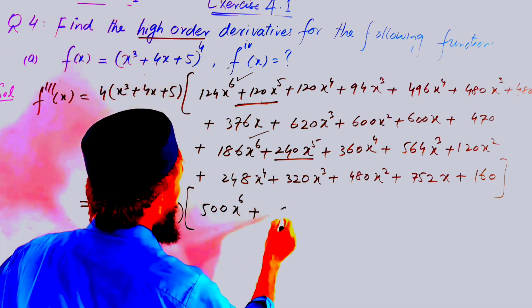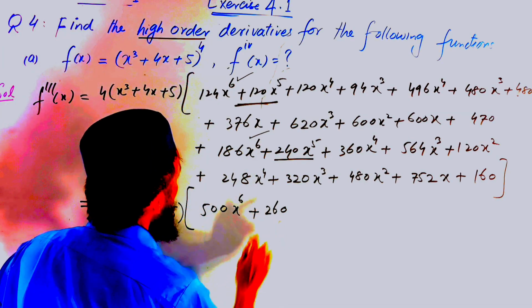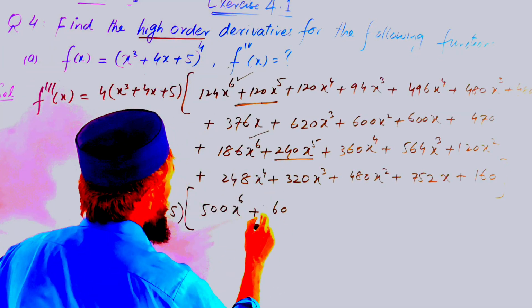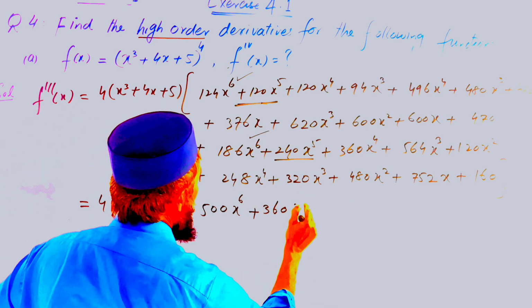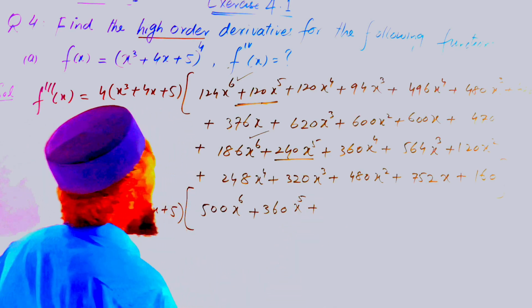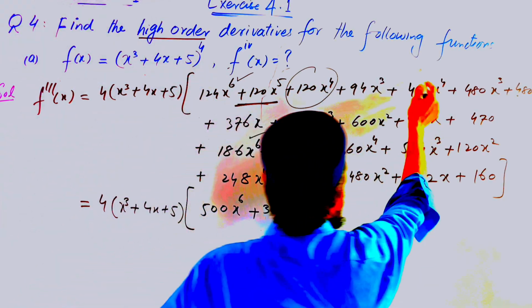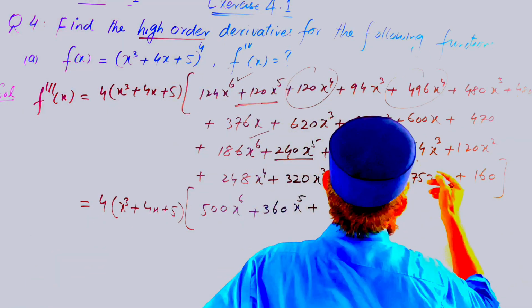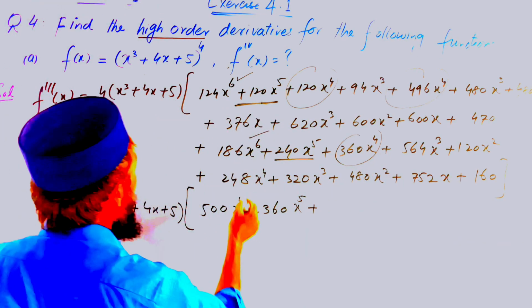So 0 4 6 2, 360 x power 4, x power 5 plus 1 is x power 4, and the other is 1 x power 4, and the other is x power 4 and 240.